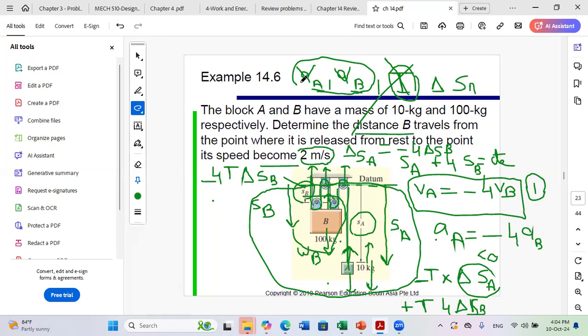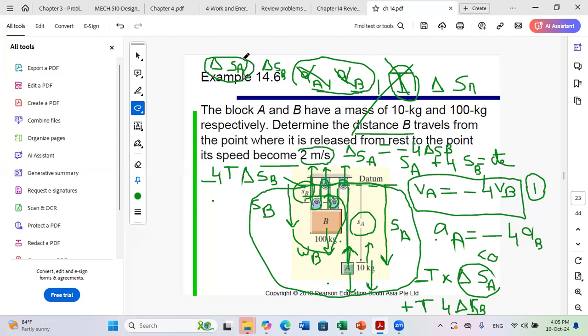So here the unknown is, instead of VA and VB, delta SA and delta SB. Of course they are related with each other, and we found the relation between them: delta SA is minus 4 delta SB. So we just need to write one equation now to solve for the displacement.